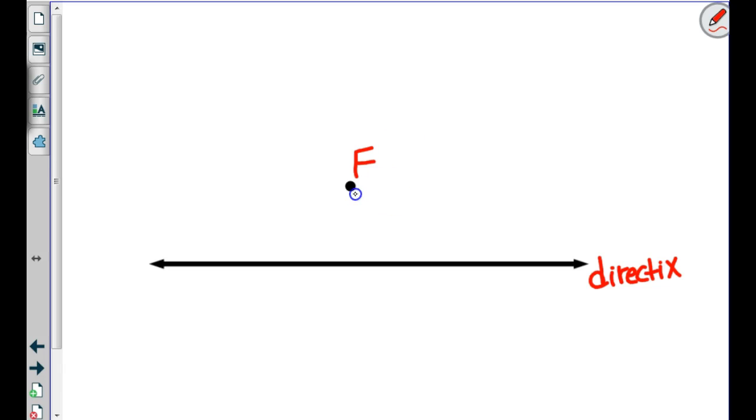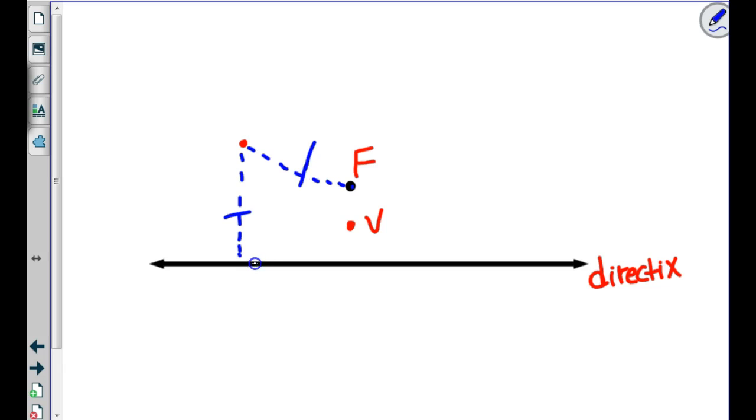Now, if I said I want all the points the same distance from this point as they are from this line, well, there's an obvious one. Does that seem okay? It's the same distance from F as it is from the line. That's actually the vertex of this parabola. But over here somewhere, let me see if I can estimate. There is a point that is approximately the same distance from that line as it is from this. Does that look close to the same distance?